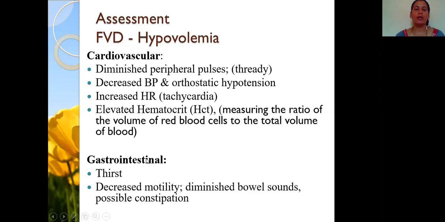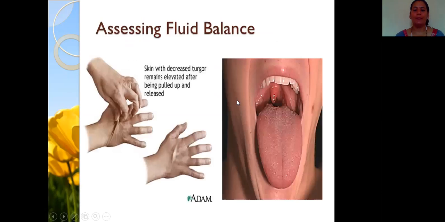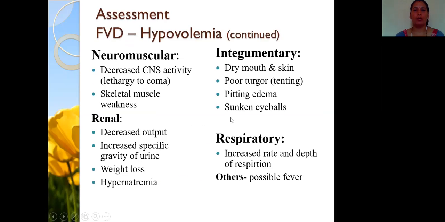Similarly, in the gastrointestinal system, we see the patient having thirst, decreased motility, diminished bowel sounds, possible constipation as well. Similarly, in the neuromuscular system, decreased CNS activity, and the patient may become lethargic and go to coma, and skeletal muscle weakness. And in the integumentary system, dry mouth and skin, poor turgor of the skin, and pitting edema, and sunken eyeballs. Eyeballs will be seen sunken.